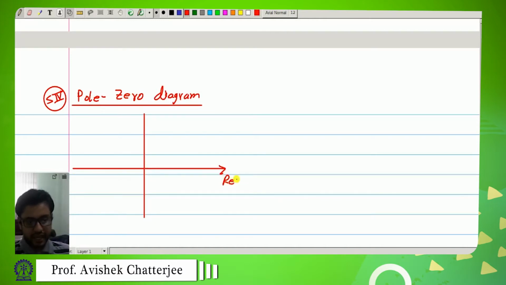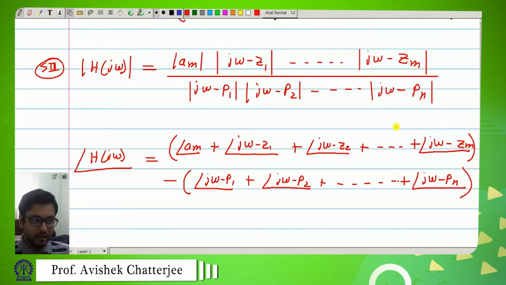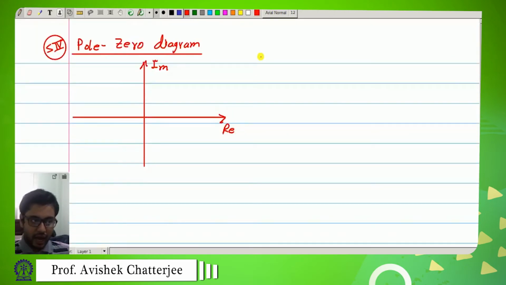This is the real axis, imaginary axis, and then these Z1, Z2, Zm and P1, P2, Pn are complex numbers in general, with a real part and imaginary part. Therefore, we can identify their location in this complex plane.